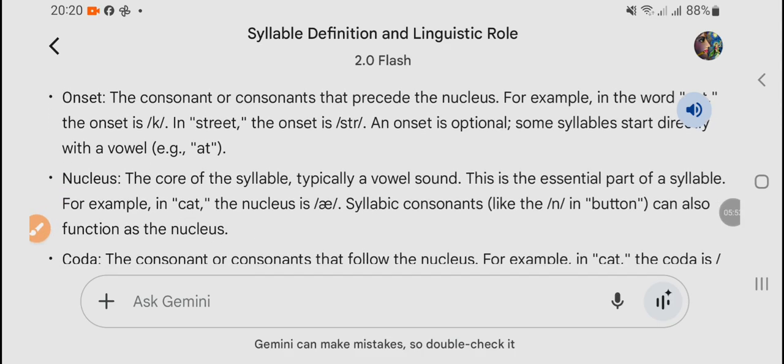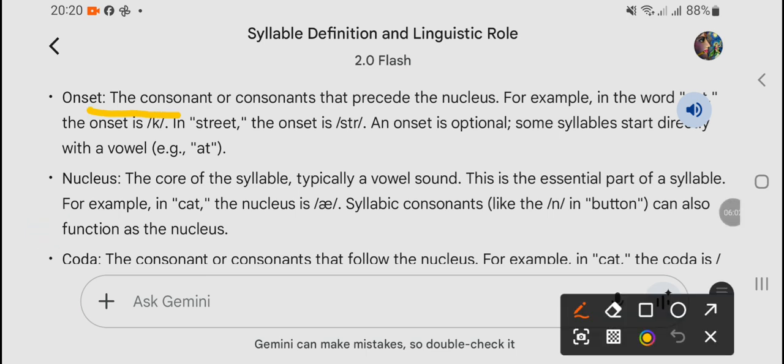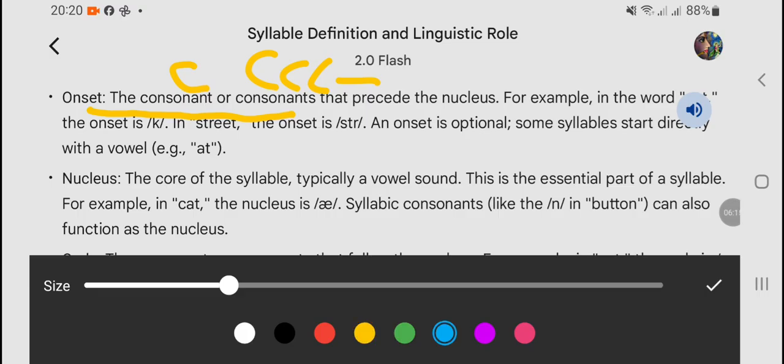A consonant or consonants that precede the nucleus is called onset. The consonant or consonants, C or any number of Cs, that precede the nucleus. Precede means before the nucleus. Here, that precede the nucleus means this side, right, is called onset.